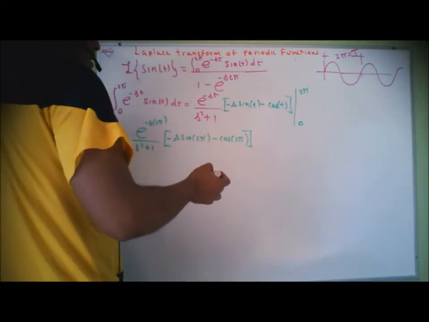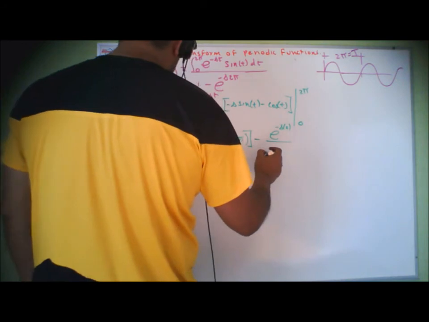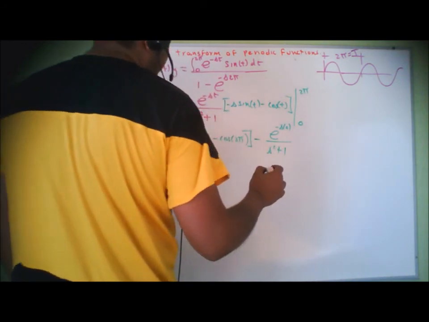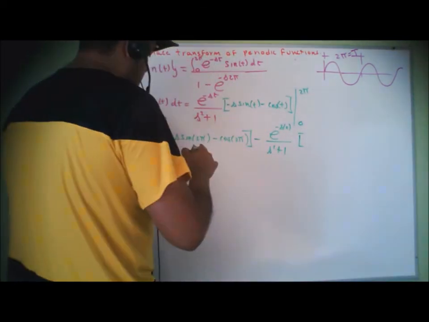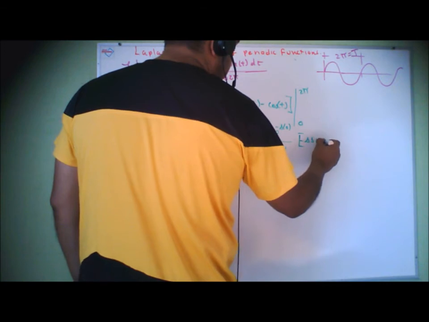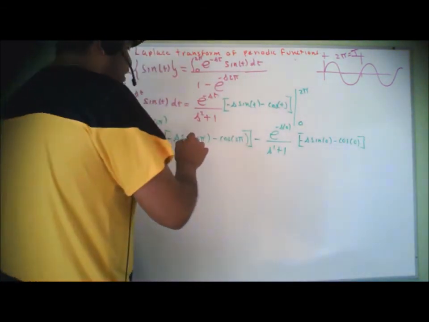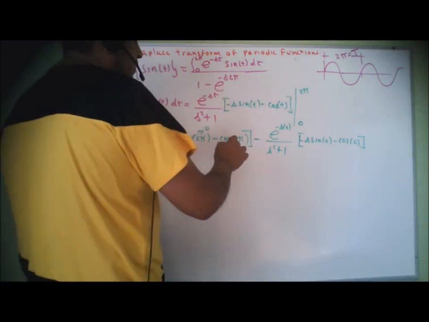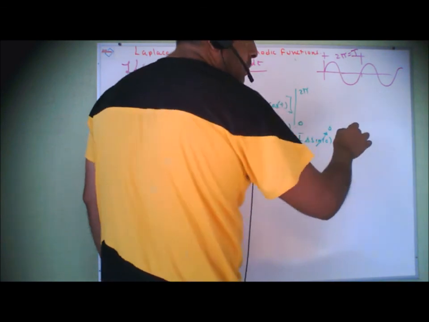That is the upper limit minus the lower limit: e^(-s0) over s squared plus 1, and then minus s sine of 0 minus the cosine of 0. The sine of 2 pi is 0, the cosine of 2 pi is 1. Sine of 0 is 0 and cosine of 0 is 1.